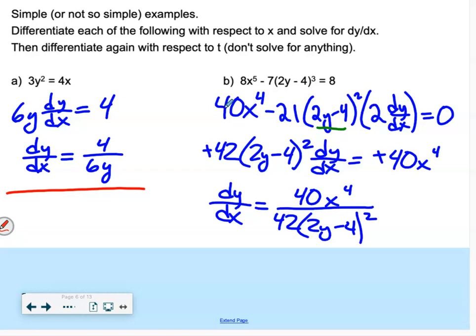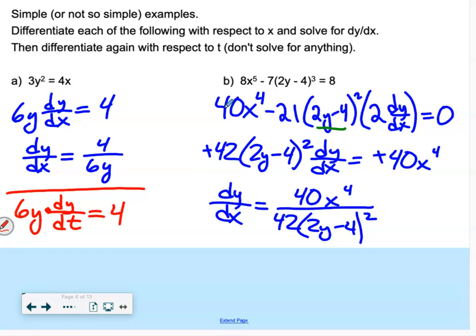I'll give you a minute. What's the derivative of 3y squared? 6y. And then we have to multiply by the differential, which would be dy/dt. It's what you're differentiating over what you're differentiating with respect to. 6y dy/dt equals, what's the derivative of 4x? 4.